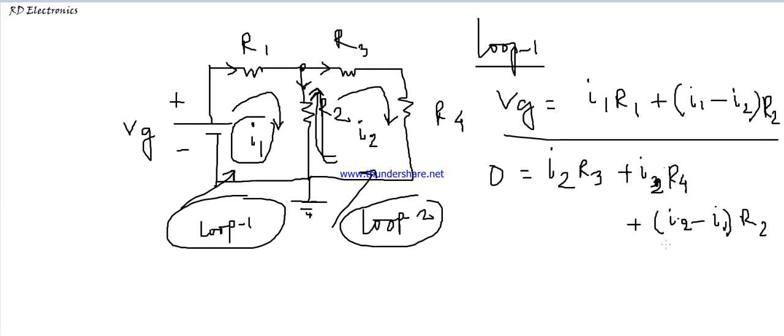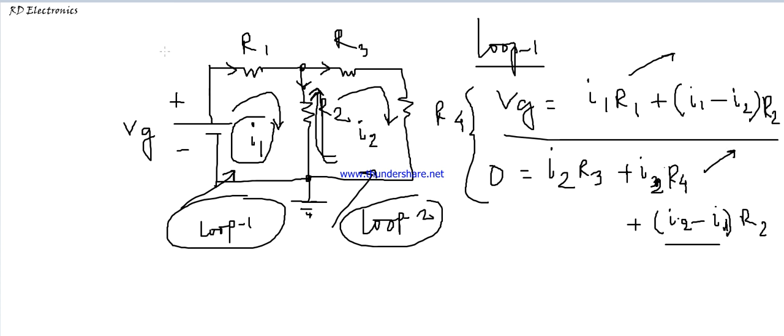That's why we consider I2 minus I1. Otherwise it may be the wrong direction, or we get wrong values. This should be clearly remembered. So now from the KVL equations we get two voltage equations, one from loop 1 and one from loop 2.